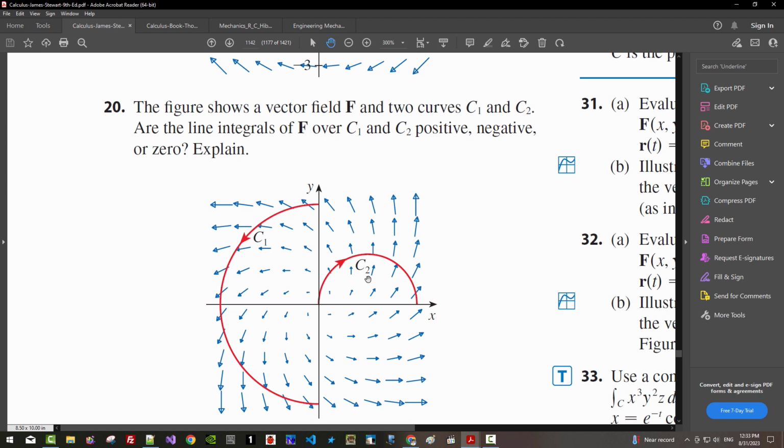In the case of curve C2, the vector field does impede the movement along the curve C2. So, the line integral along the curve C1 is positive. It does not impede. The line integral along the curve C2 is negative because it impedes the movement along the curve C2.